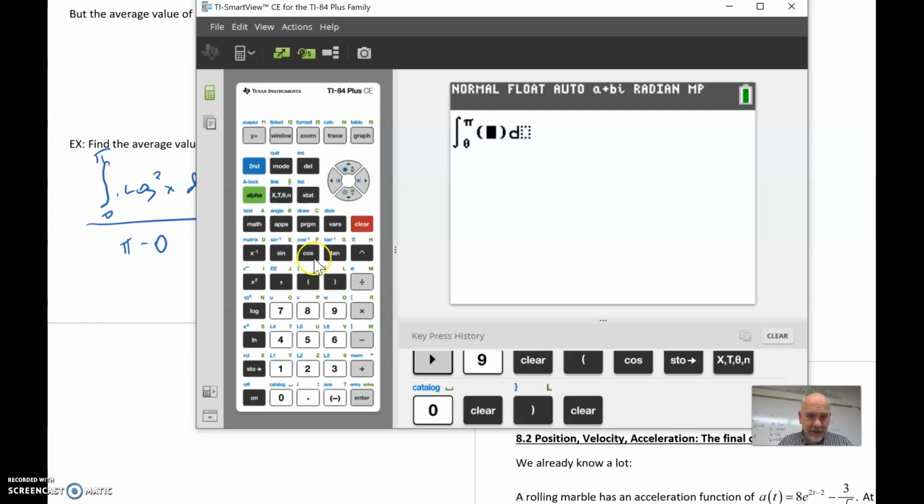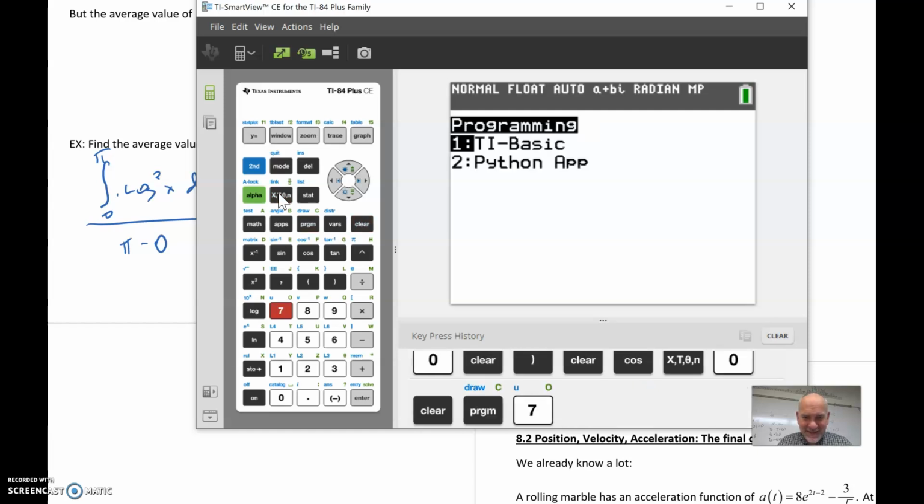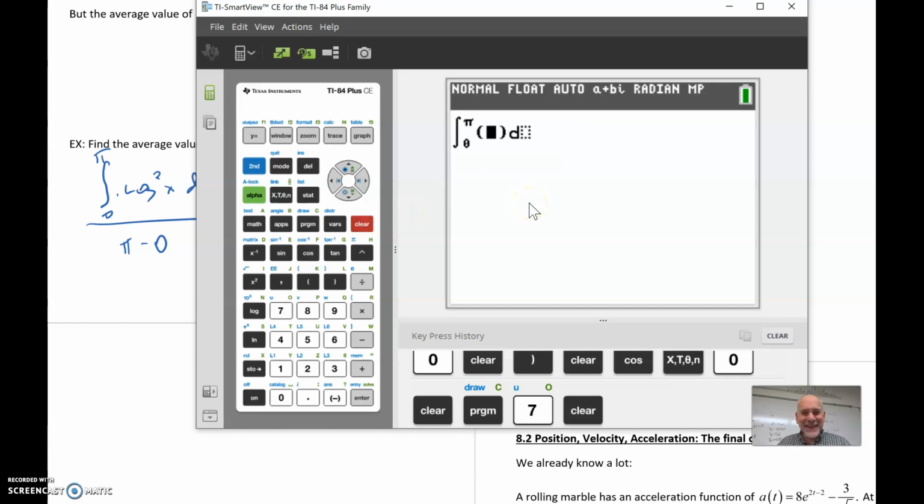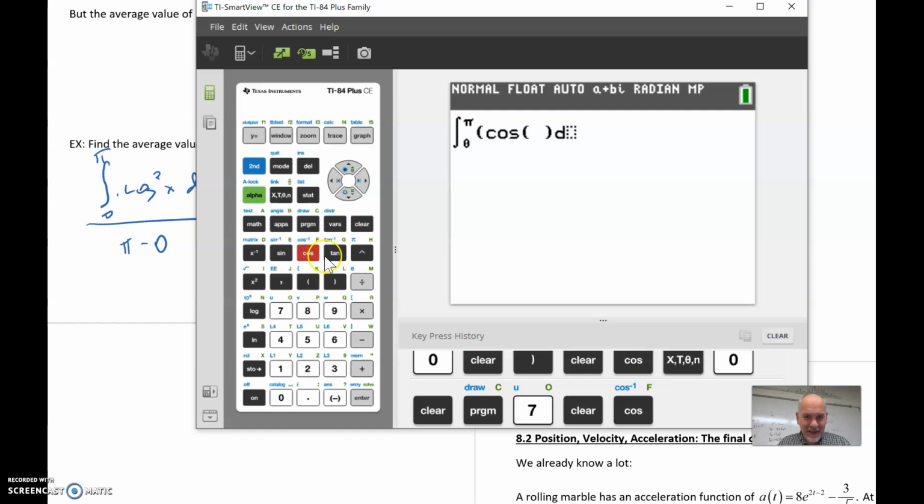Okay, let's try that again. Cosine of x, it keeps doing that. I'm okay on the calculator, I'm just having trouble on the computer. Okay, cosine of x, close the parentheses. Oh, that's why I'm running into trouble. Yeah, okay, I gotta do that.